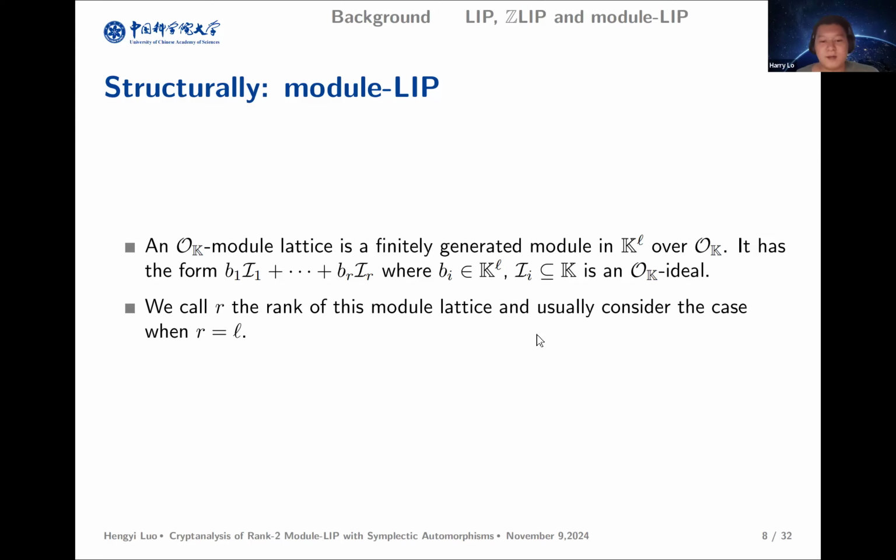When all the ideals I_i equal O_K, we call the module a free module. We call R the rank of this module, and usually consider the case when R equals L.